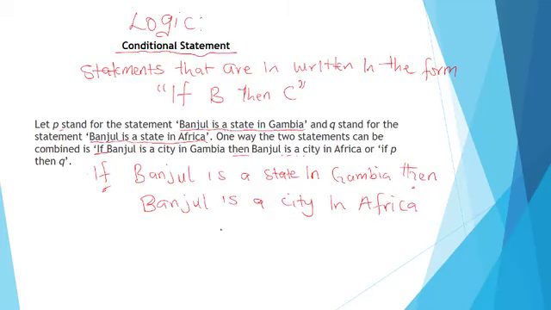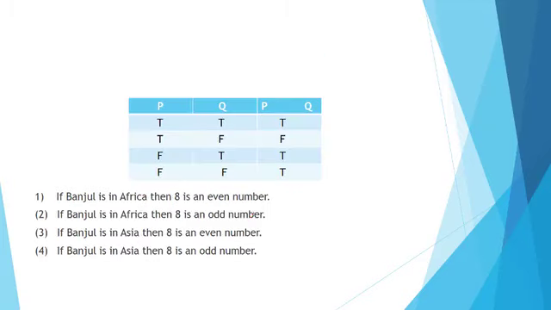Now I told you something about drawing a truth table on a conditional statement. From what you can see in front of you, let's use the same sentence, Banjul is in Africa.